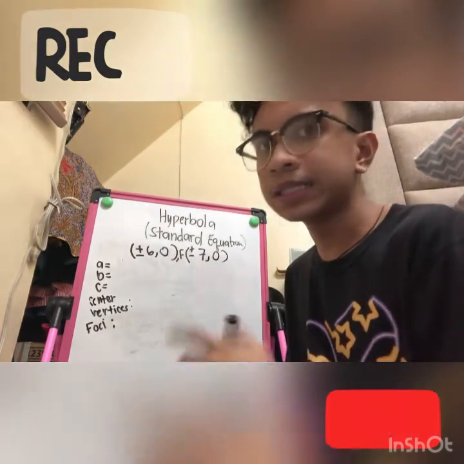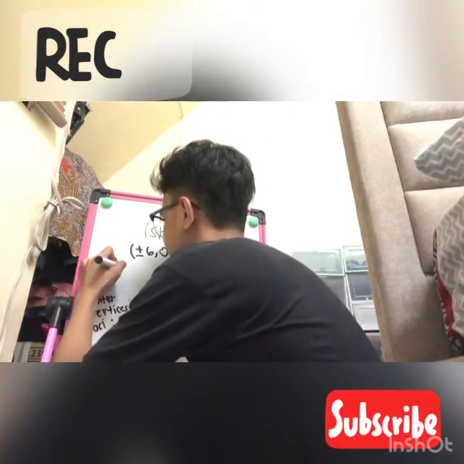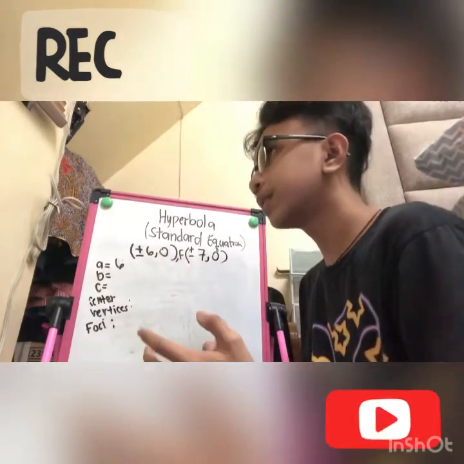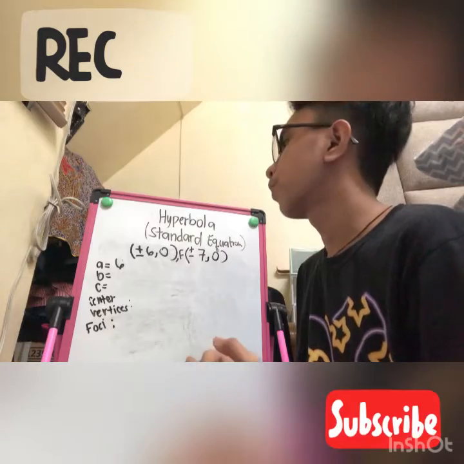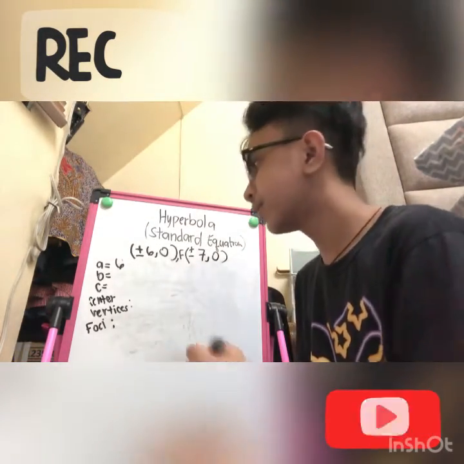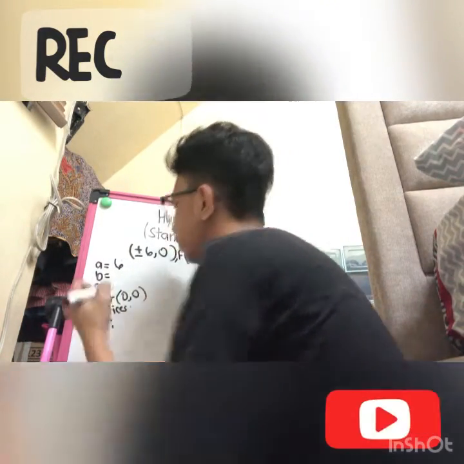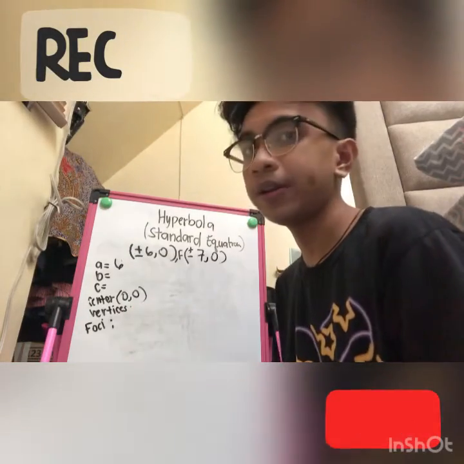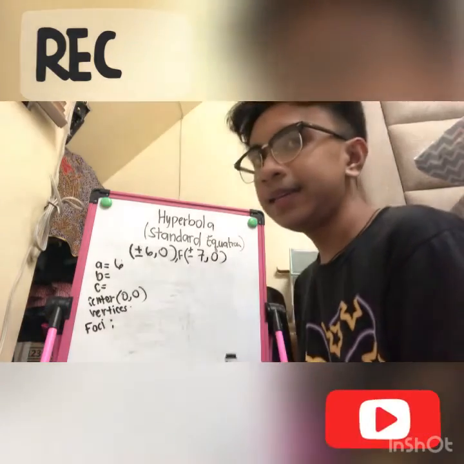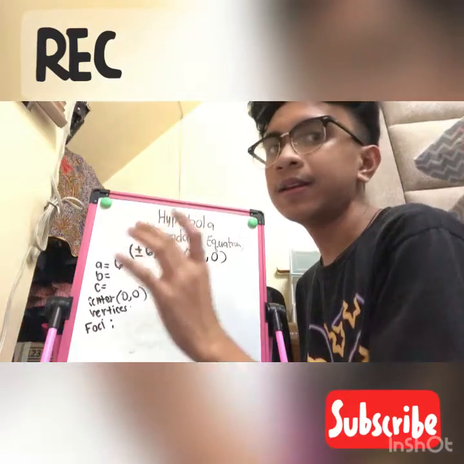The given vertex is 6, so 6 is the distance between the vertices and the center. We know the center is the origin, so the coordinates of the center are (0, 0). C is the distance between the center and the foci.